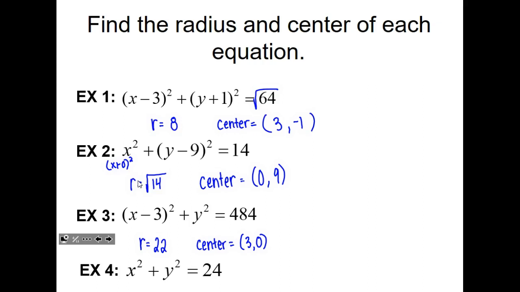All right, let's see. Leah, what's our radius for example 4? Okay, our answers are probably going to leave it as a square root. It may simplify, so 24, what could I break 24 into? 6 and 4, which would give me 2 times the square root of 6.